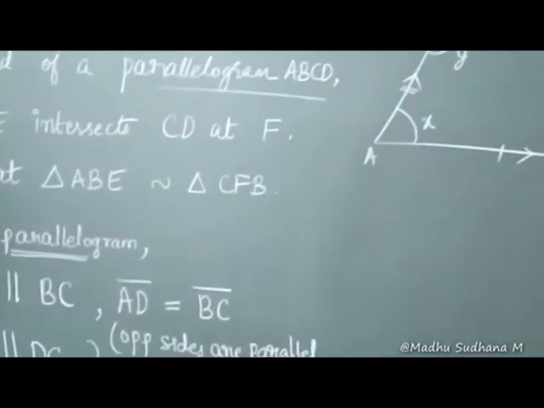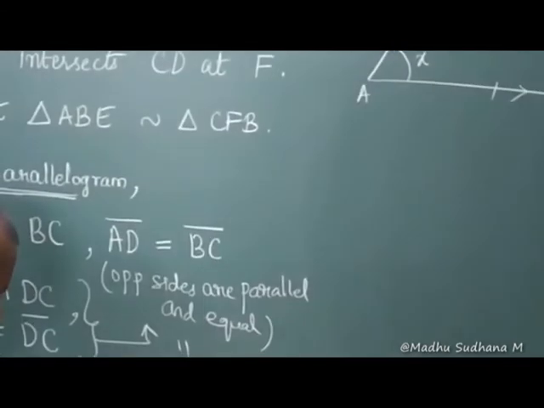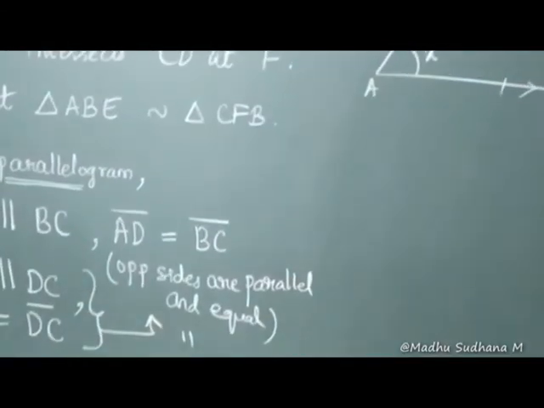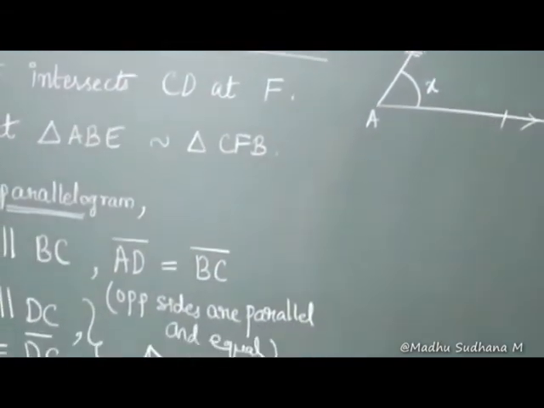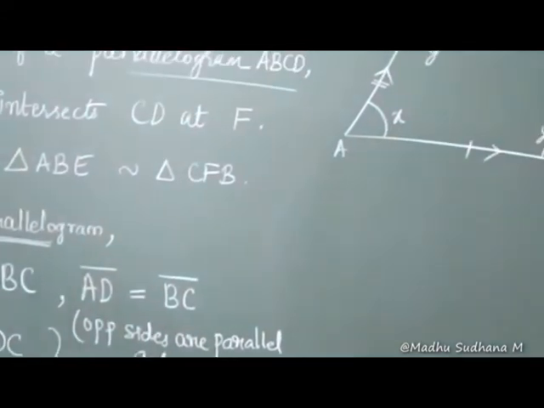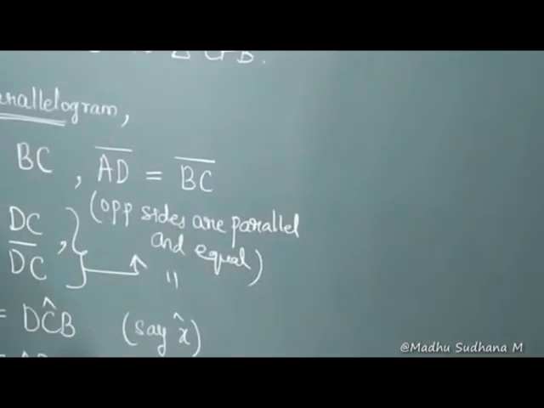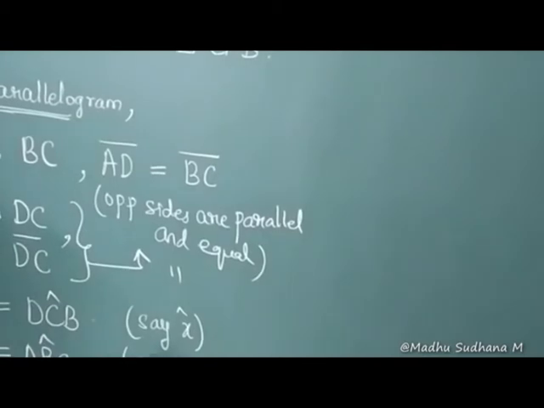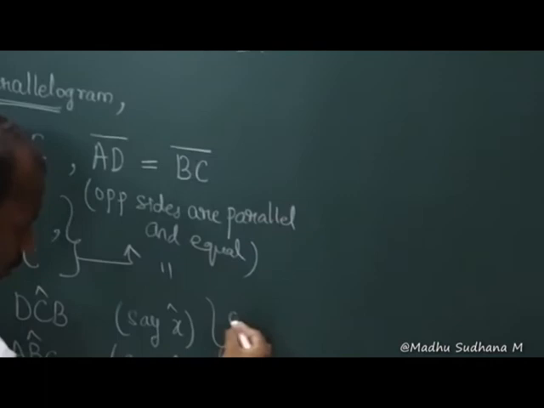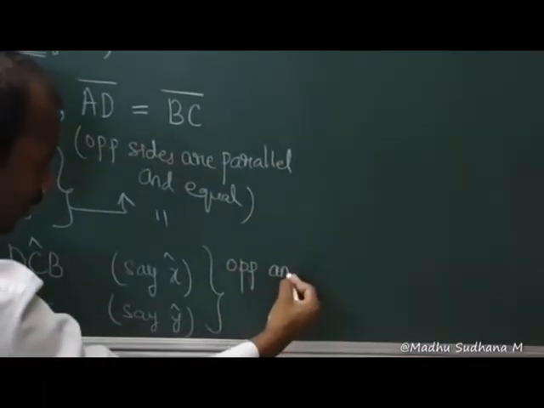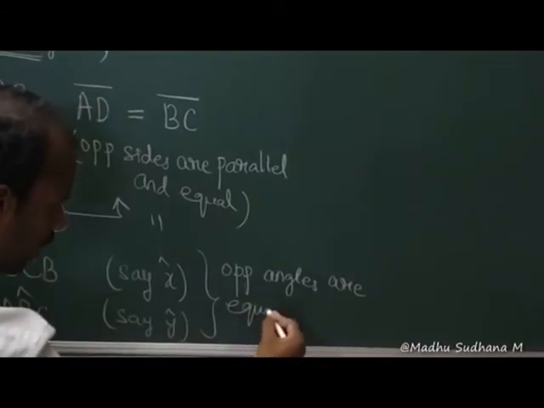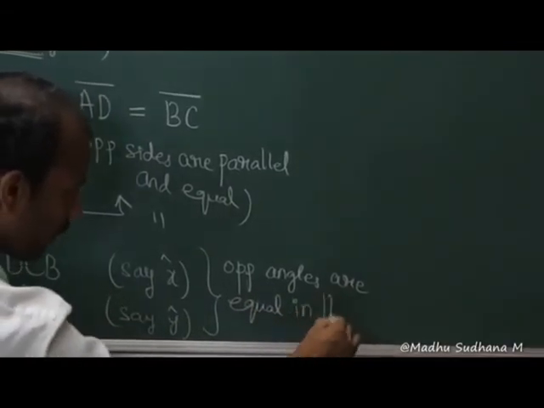Looking at the diagram, this is angle X here. Then angle ADC is equal to angle ABC, which we have called angle Y, right? So these two we can write here: opposite angles are equal in a parallelogram.